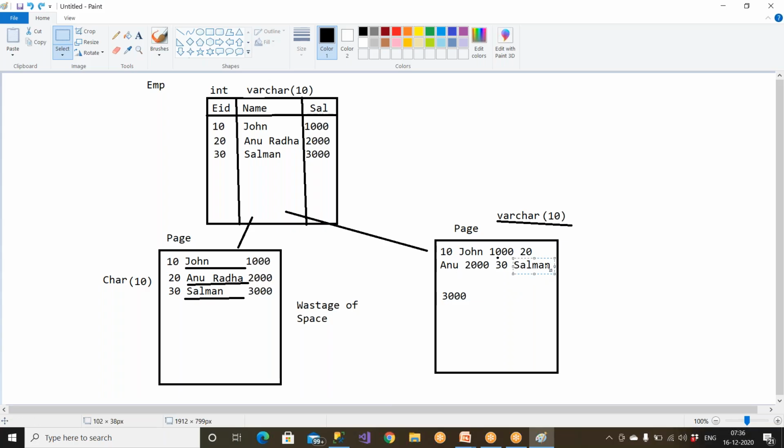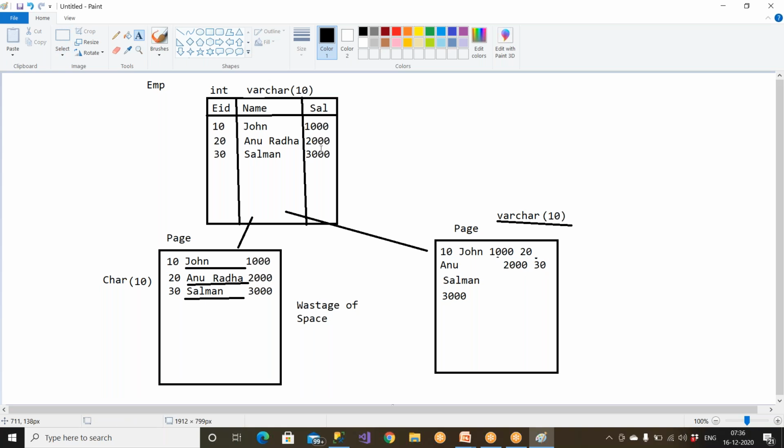It will take this data and bring it down, and it has to accommodate a space like this.